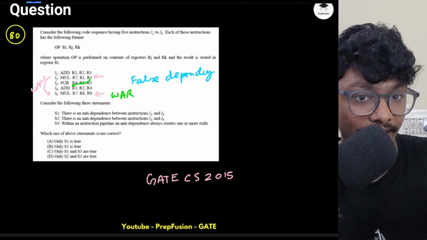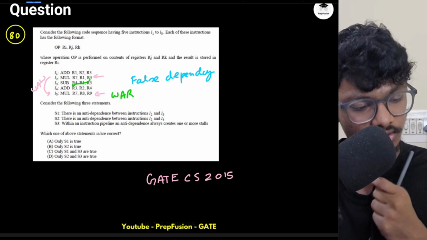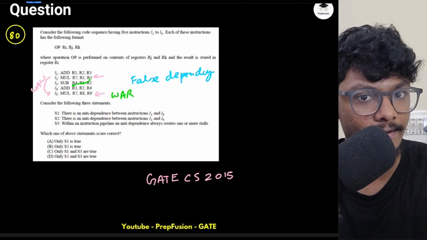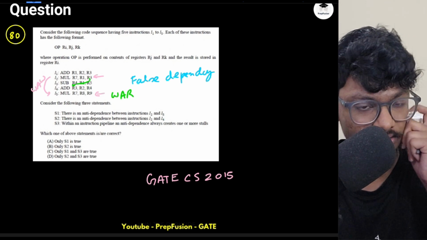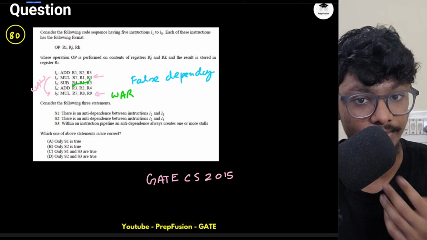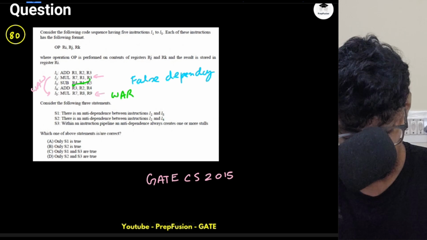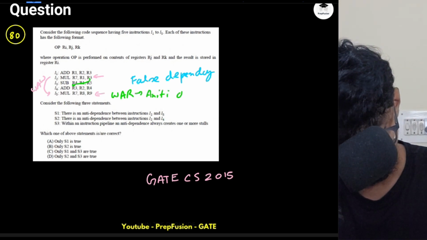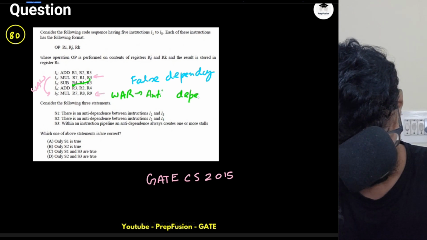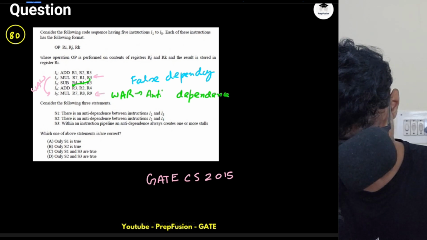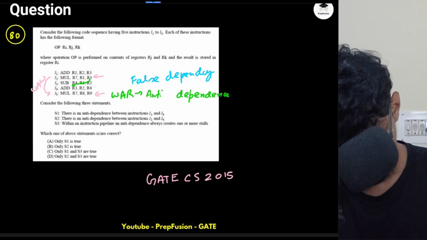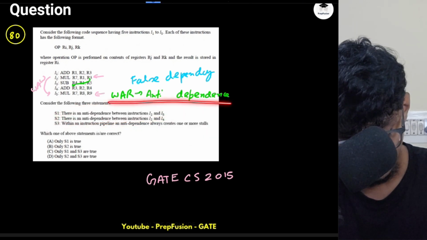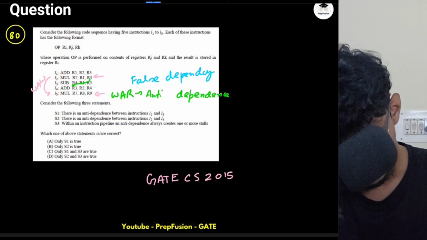If I read after write, then there is a dependency, and the write may not go through sometimes. So then there is a problem. But WAR is known as anti-dependence. So yes, statement S2 is correct, that there is an anti-dependency between I2 and I4.